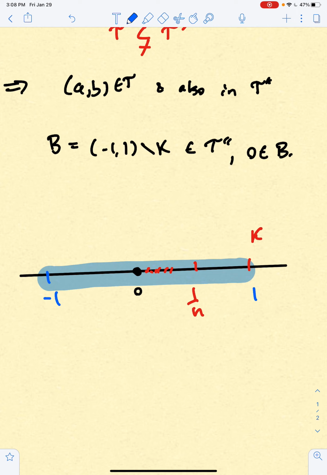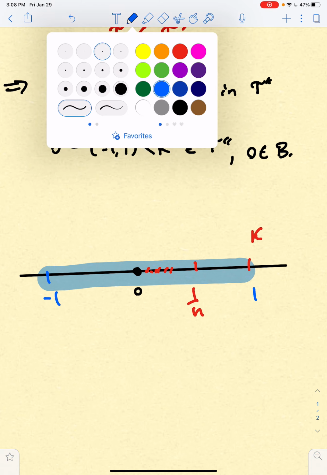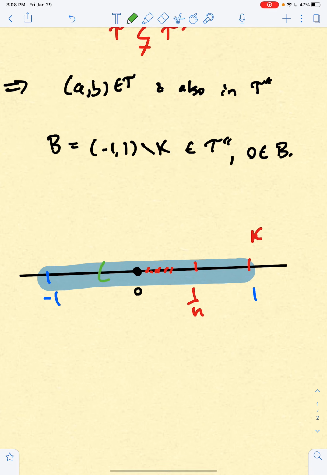The problem here is that this whole thing is open in tau double prime, but it's not going to be open in the standard topology, because there's going to be no open interval in the standard sense around 0 that's totally within this set. Any open interval around 0 will hit infinitely many points of K. So it's not open in the standard topology.